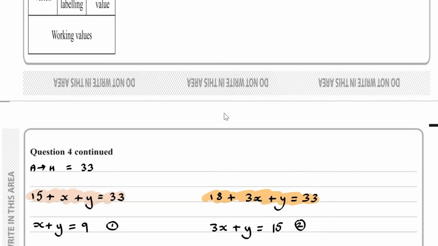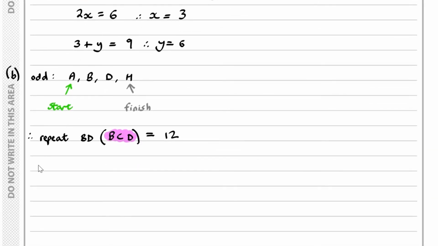So if we write that down, for part C, the arcs of BC and CD need to be traversed twice. Okay? So that's part B done.